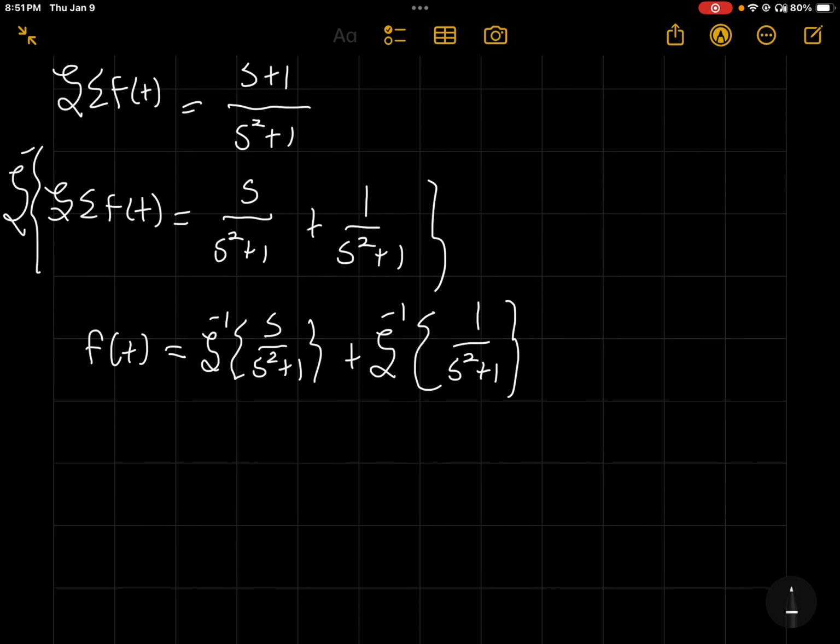From our table, we know that this is just cosine of t plus, from the table, sine of t. And we have our answer, where f of t is equal to cosine of t plus sine of t.